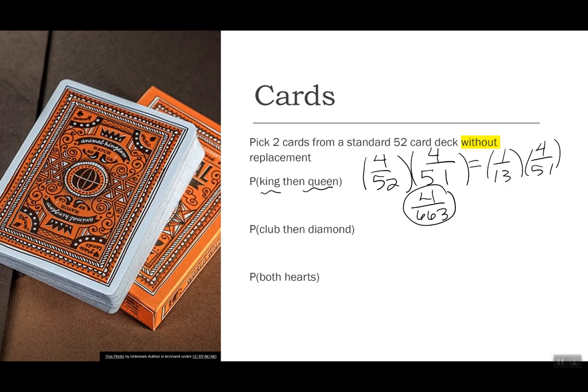The next one says club then diamond. So we have 4 suits. There's 13 of each suit. So when I look at the probability of getting a club, well, there were 13 clubs out of the 52 cards. And then the next time I pick a card, I haven't picked a diamond yet, so there's 13 diamonds left, but again, we have 51 cards left.